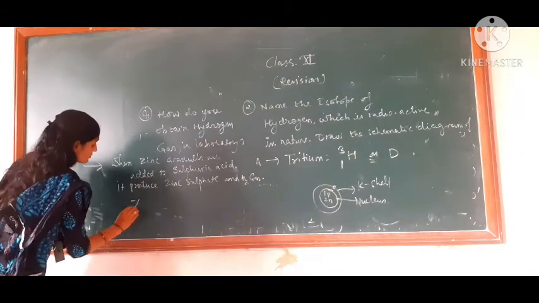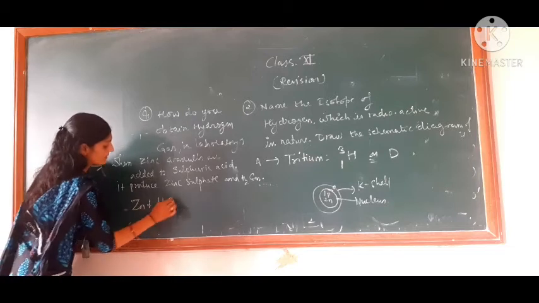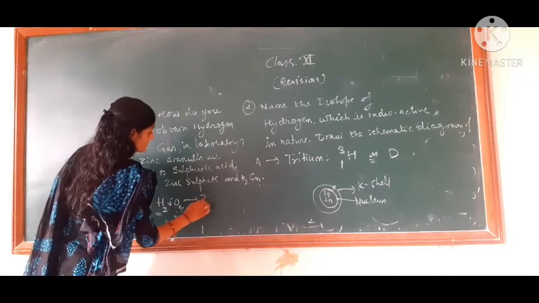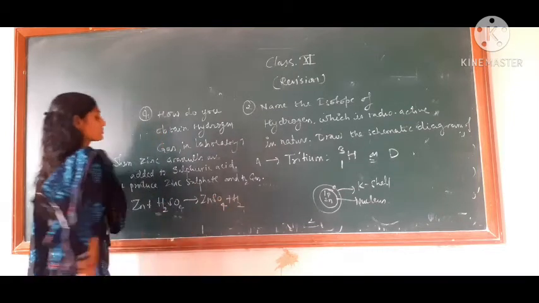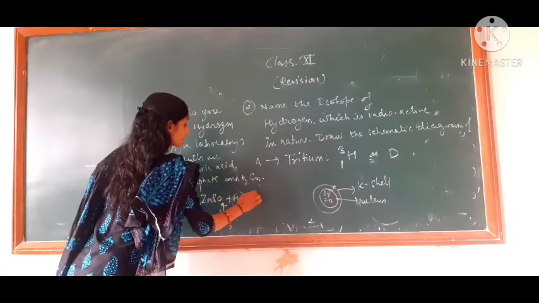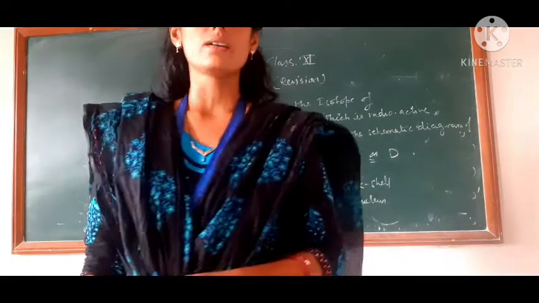The equation we write is Zn plus H2SO4 gives ZnSO4 plus H2. So hydrogen is the gas. How do you test that gas? With a burning matchstick, it will produce a pop sound.